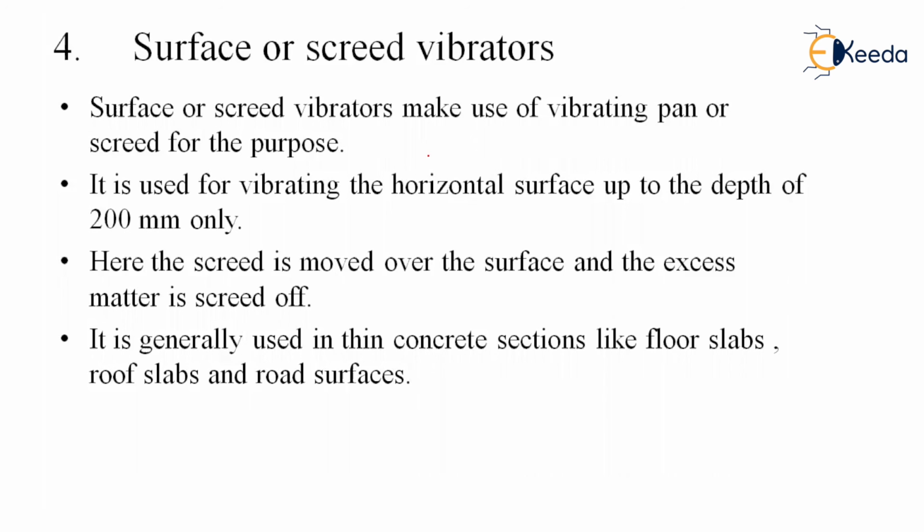Here the screed is moved over the surface and the excess matter is screeded off, that is, removed. It is generally used in thin concrete sections like floor slabs, roof slabs, and road surfaces. Where the thickness of the concreting is less, there the screed vibrators are used.